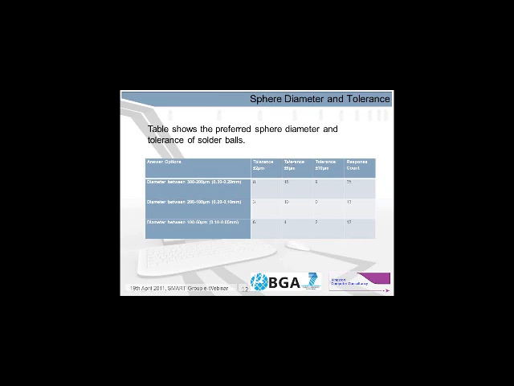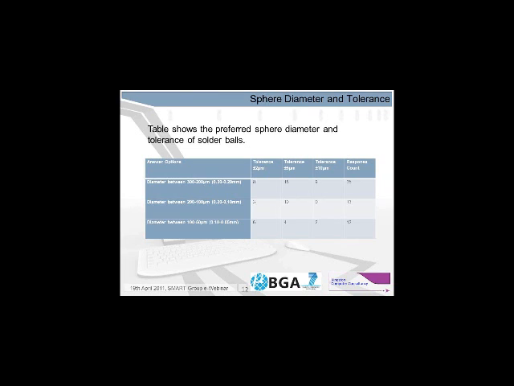You can see in this table here that for the solder ball diameters of greater than 100 micron, a tolerance of 5 microns was acceptable.